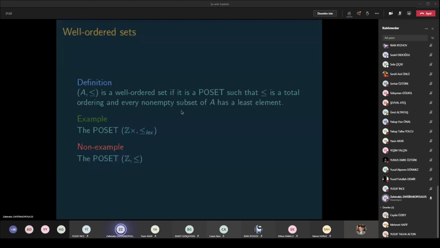And 3, 9, well, 3 is the least element, it is smaller than 9. So it doesn't contradict well-orderedness. We have to find a non-empty subset where there is no element that is smaller than all the others. Is this better now?